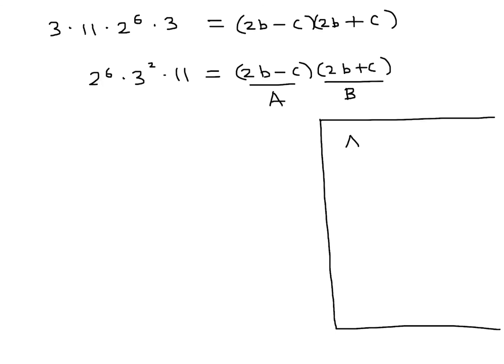If I'm letting A equal 2b minus c, and I'm letting B equal 2b plus c, I can figure out b and c in terms of the big A and big B. And I think that's going to help me in terms of figuring out, are they odd, even, are they divisible by 2, are they divisible by 4?